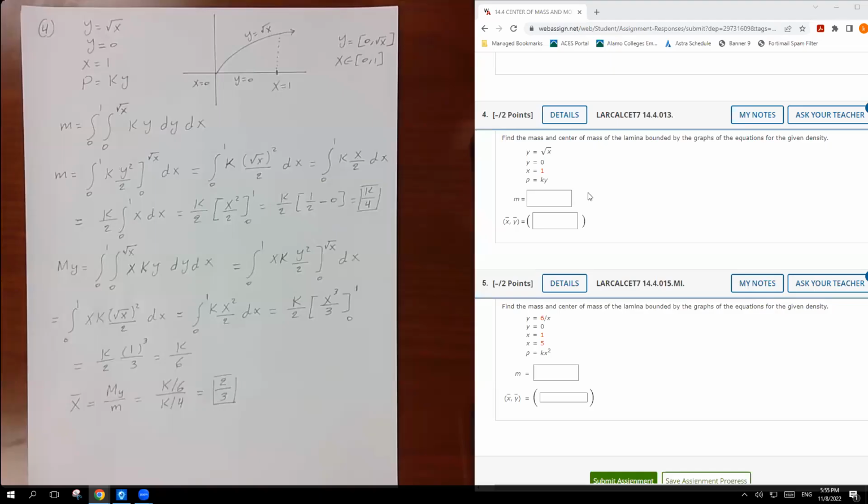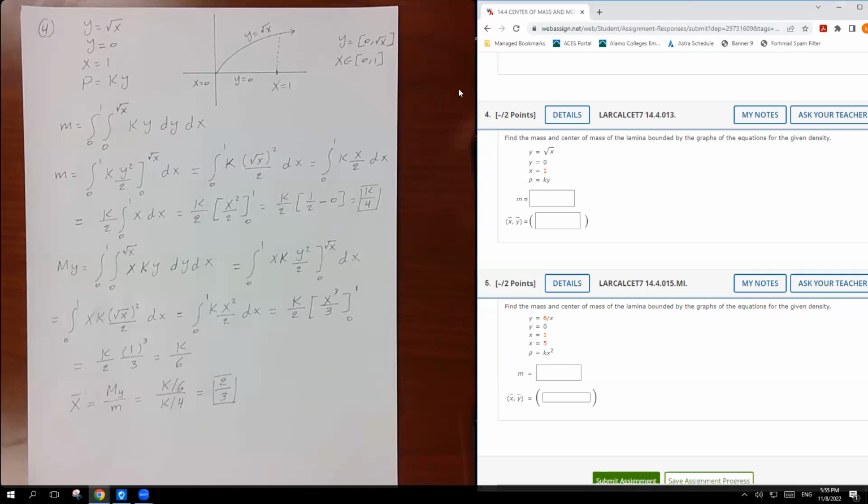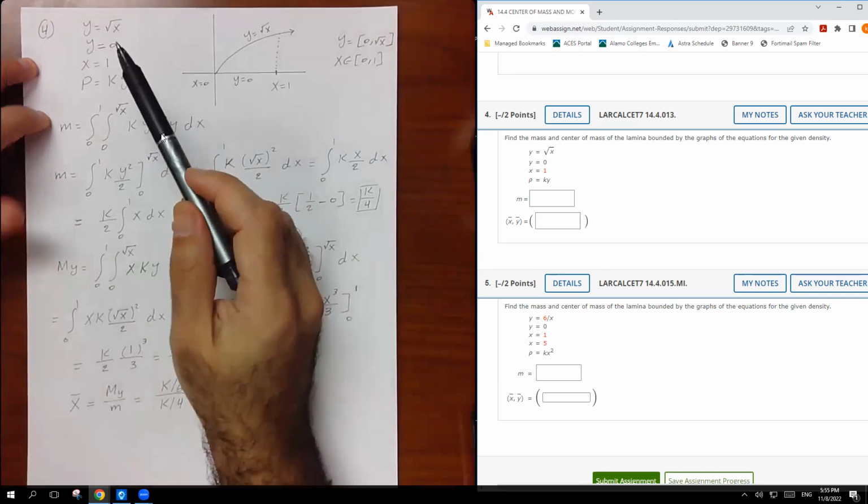So for example 4, we need to find the mass and the center of mass of the lamina bounded by the graphs y equals square root of x, y equals 0, x equals 1, and the density is ρ = ky. So first of all, let's try to graph it.